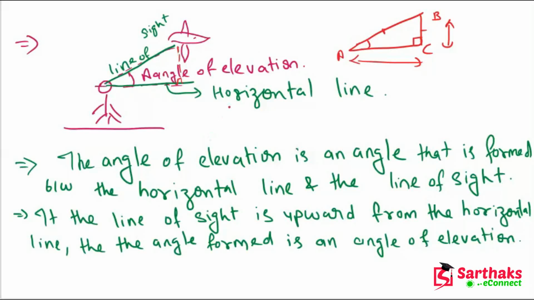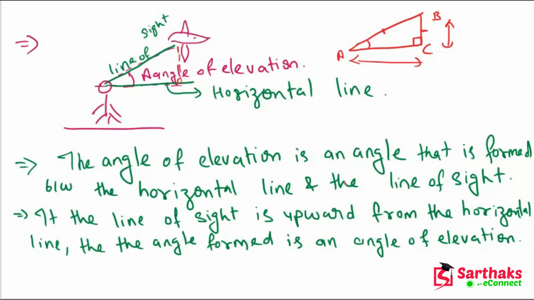If we know the height BC and the angle, then we can easily find the line of sight. So this is the application of trigonometry.